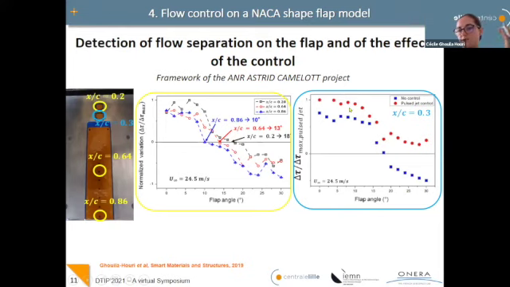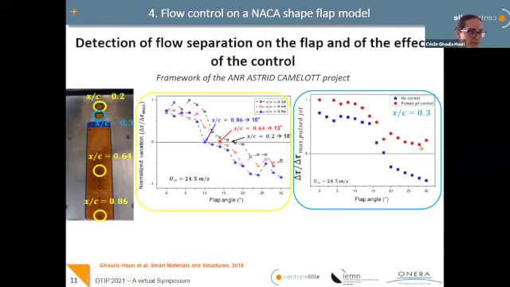However, we can see that for the low angles, since the flow was already attached, we have more shear stress, which is normal due to the actuation system. So we detected the effect of the control. So with a closed loop control, the idea is not to use the actuators up to 15 degrees or almost 15 degrees, and then use them to stay attached for all the angles of the flap.